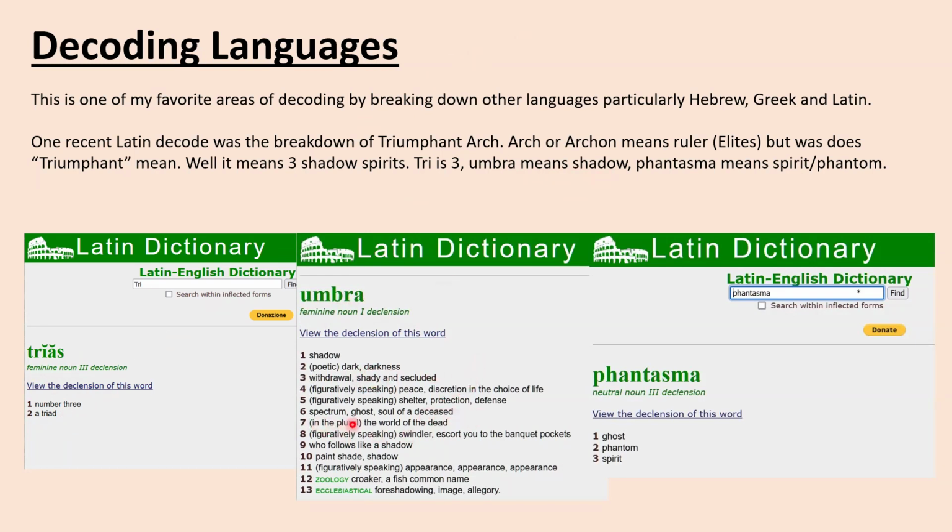Here you have spectra, ghost, soul of the deceased, also comes from this. The world of the dead. And phantasma means spirit or phantom. So phantasma, phant: ghost, phantom, spirit.